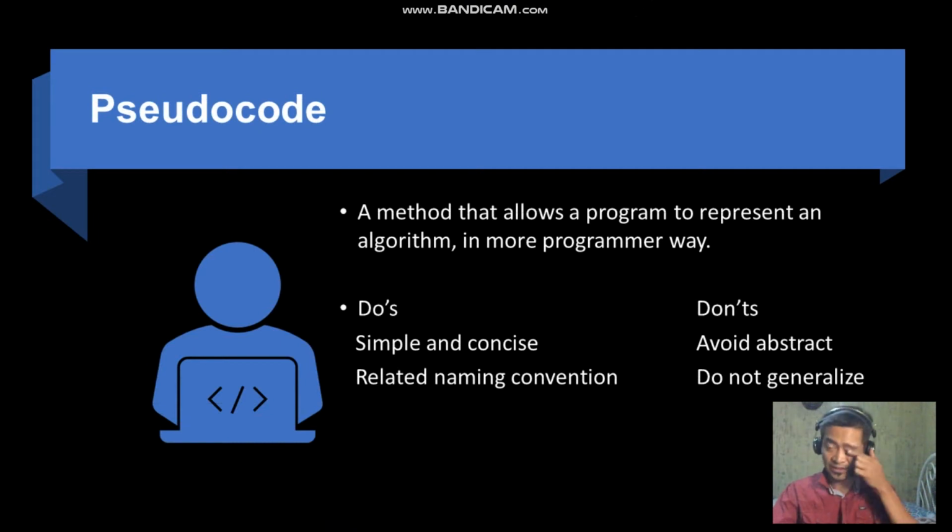So ito yan actually mga characteristics na diniscuss natin, no? Part pa rin ng characteristics to. Simplicity, concise, and proper naming ng variables. And don'ts of course, kailangan ma-avoid natin ang abstract point of view ng ating description through pseudocode, and it should not be in a generalized format, kasi pag general ka, malawak yung nakikita ng user natin or ng nakikita natin sa code, no?